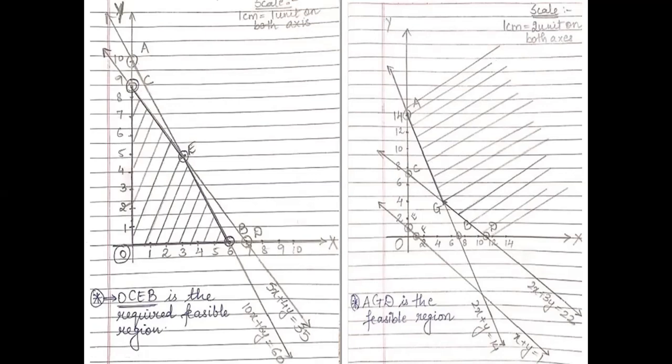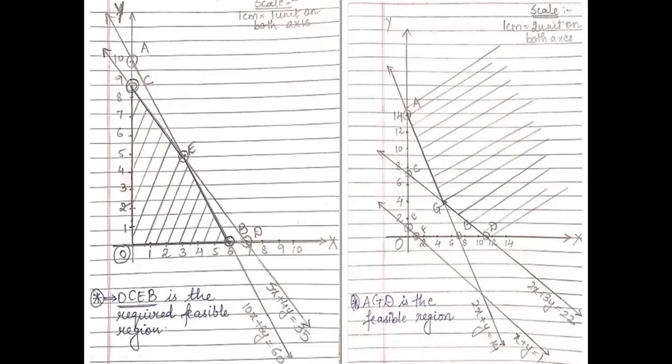This area represents that the area is above 14 and above 10 on x as well as y axis if we see. So all the points above this particular area and all the points above this particular area will all satisfy the given equations.